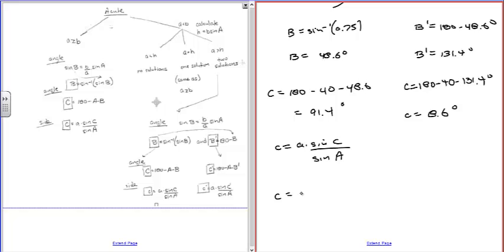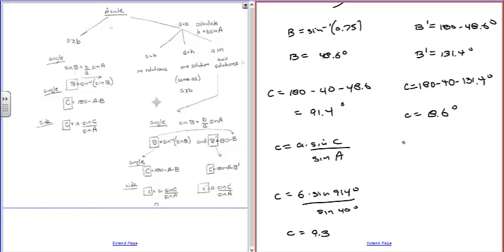Again, A was 6 times the sine of 91.4 degrees divided by the sine of 40. So that's 9.3.